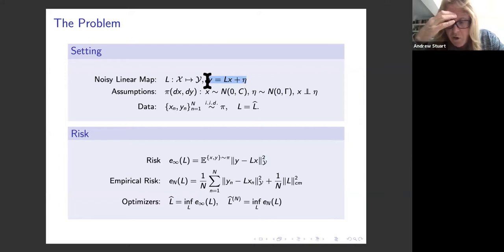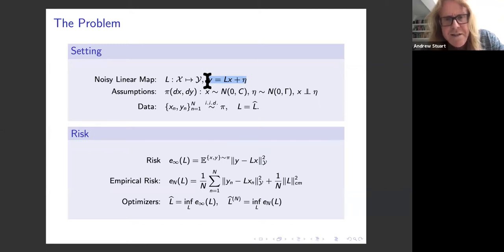And the operator L is going to map between Hilbert spaces. We have a Hilbert scale in this setting. And we will look at different cases where L is compact, bounded, and unbounded, and try and understand the relative difficulty of them.